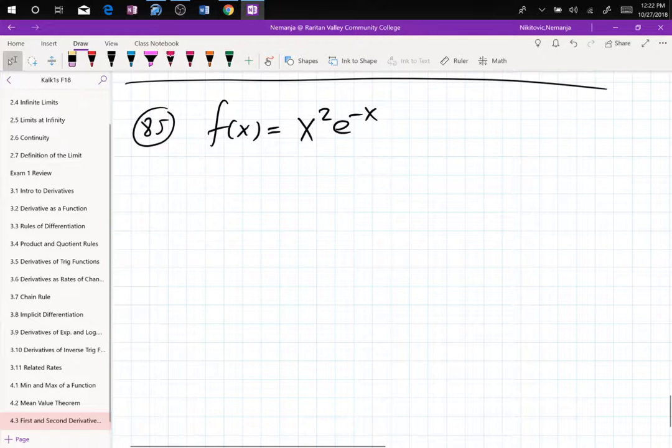I just hope you did the product rule. If that is wrong, everything else is gone.